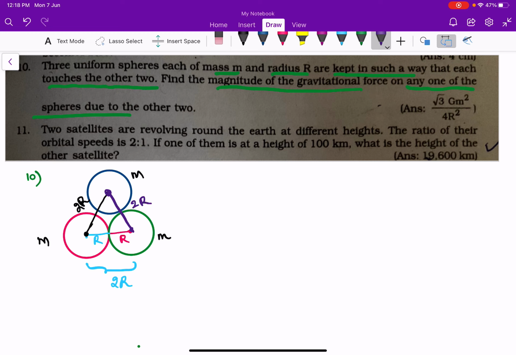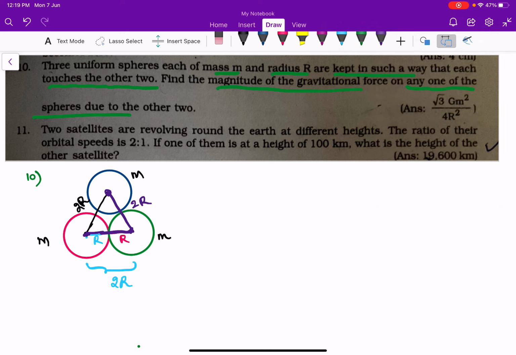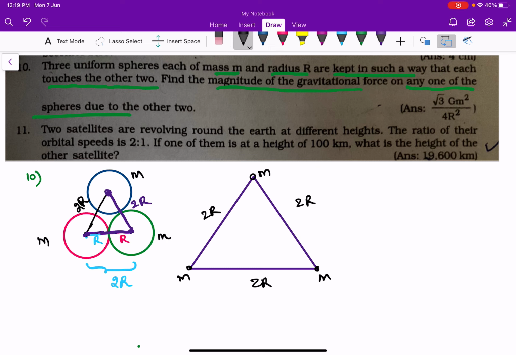It forms an equilateral triangle. I am drawing an equilateral triangle here with mass m concentrated at each vertex. This distance is 2r, this distance is 2r, this distance is 2r.